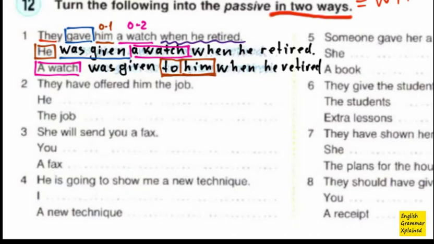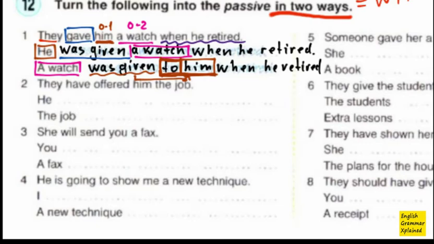If I use an indirect object, I can place it just after my main verb, just like here, without any prepositions. But in passive structure, I have to place a preposition before this indirect object in order to connect this thing with this thing.